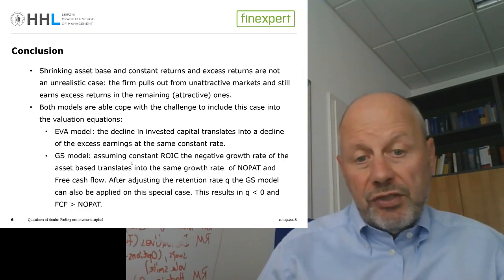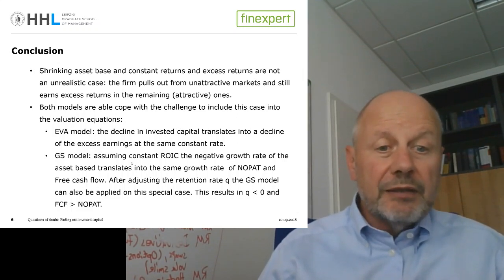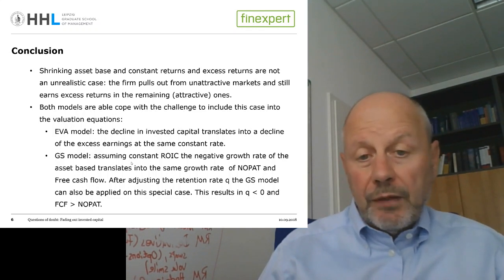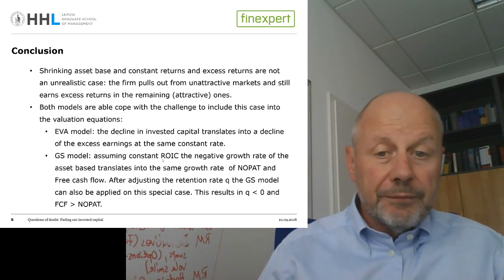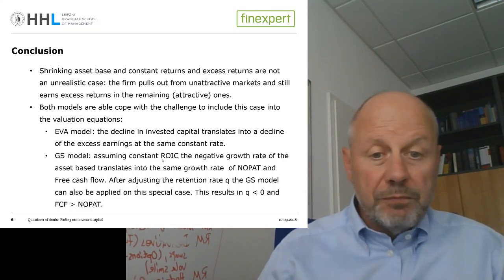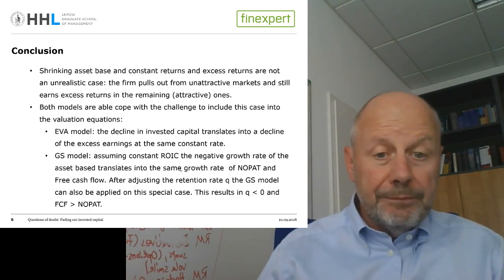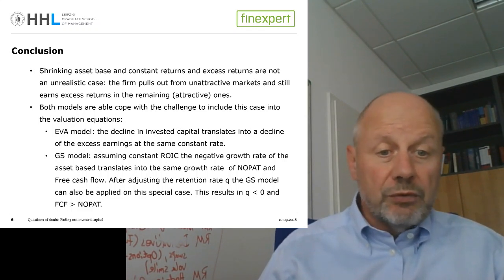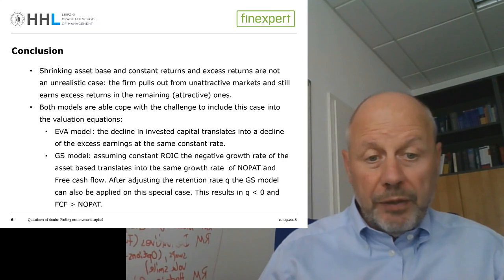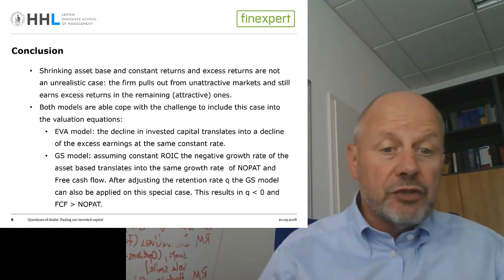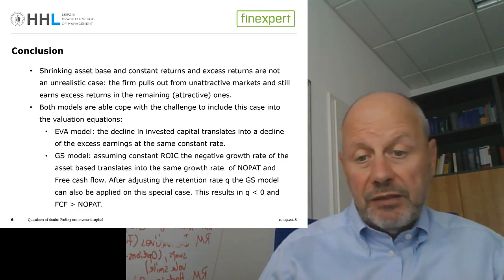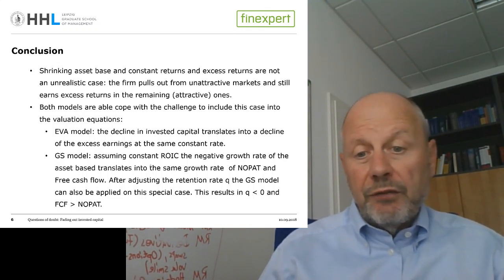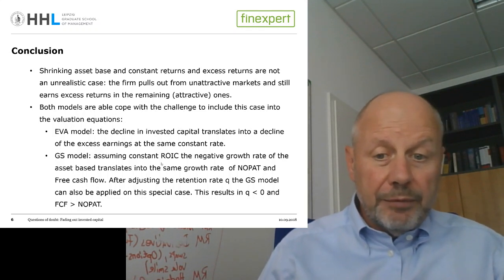And after adjusting our retention rate, and as G is smaller than 0, ending up with a negative retention rate, we may also apply our Gordon-Shapiro model, and the result is that our free cash flow is higher than the NOPAT. That is, not only is the NOPAT fully cashed out, but even beyond that, due to the shrinking asset base and the negative retention rate, we have an additional cash flow ending up in the pockets of the shareholders.